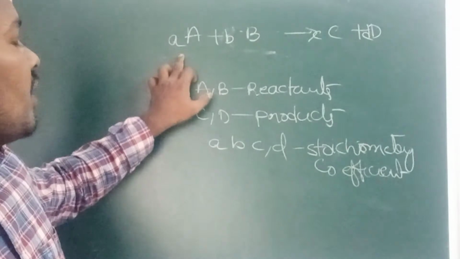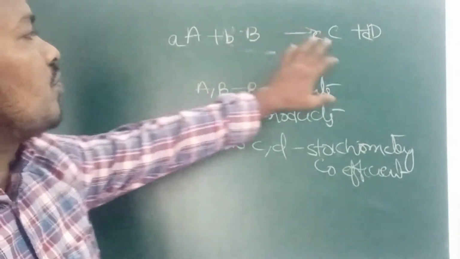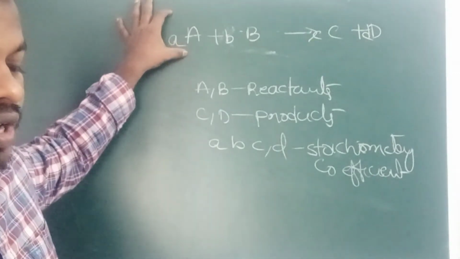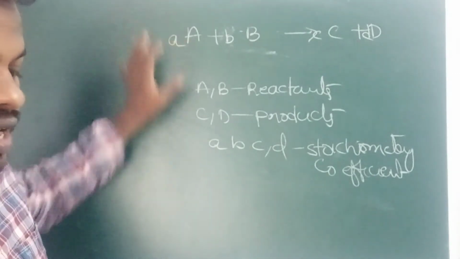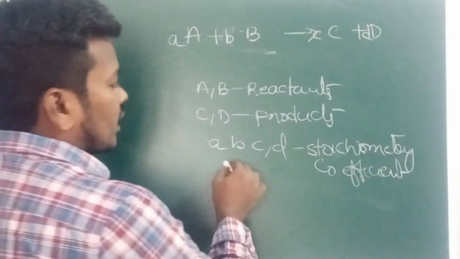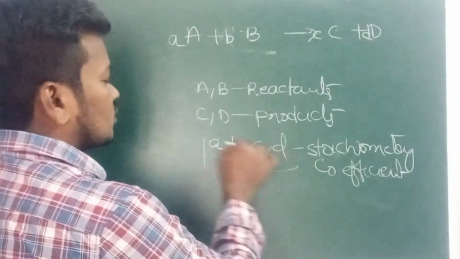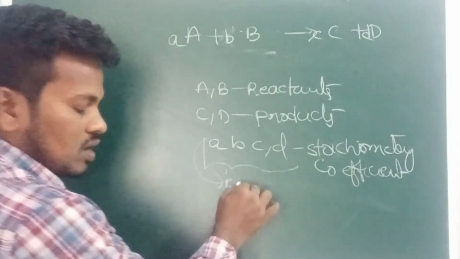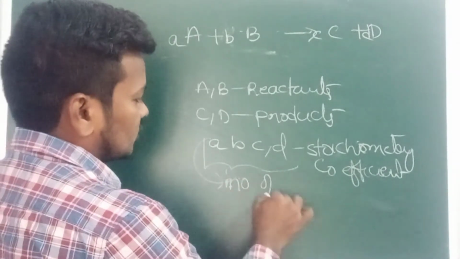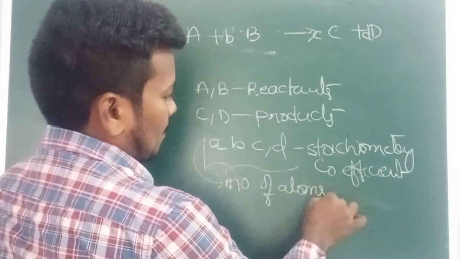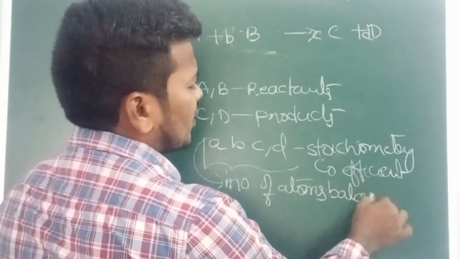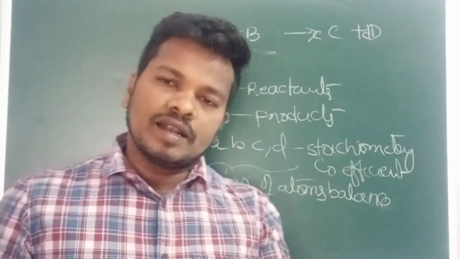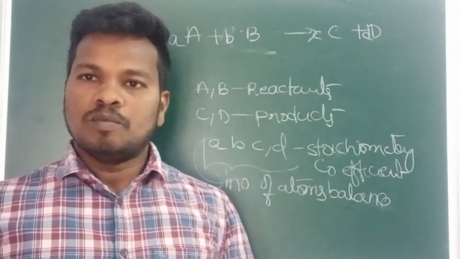Whatever number is before the reactant or before the product, we consider as small a, small b, small c, small d. This is useful to balance the chemical equation, that is, to balance the number of atoms. So by using these stoichiometric coefficients, we can easily balance the number of atoms.